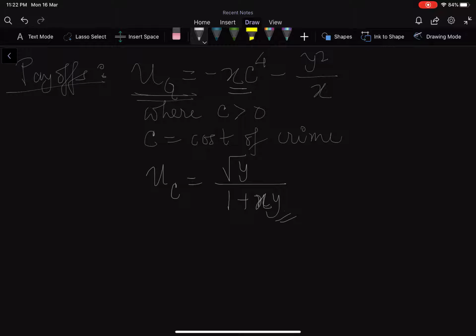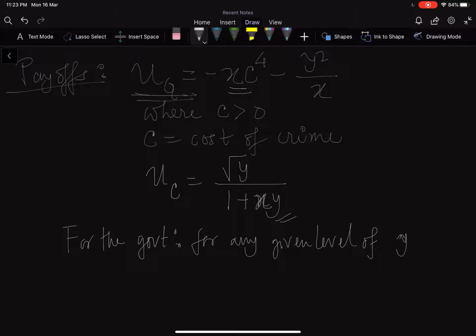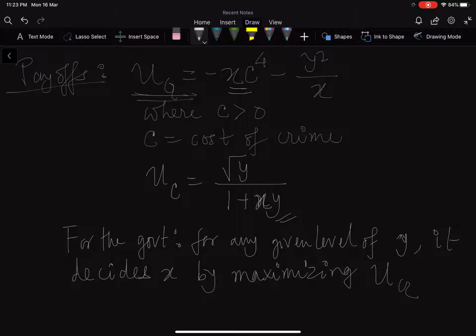So for the government, for any given level of y, it decides x by maximizing UG with respect to x, by fixing some y.